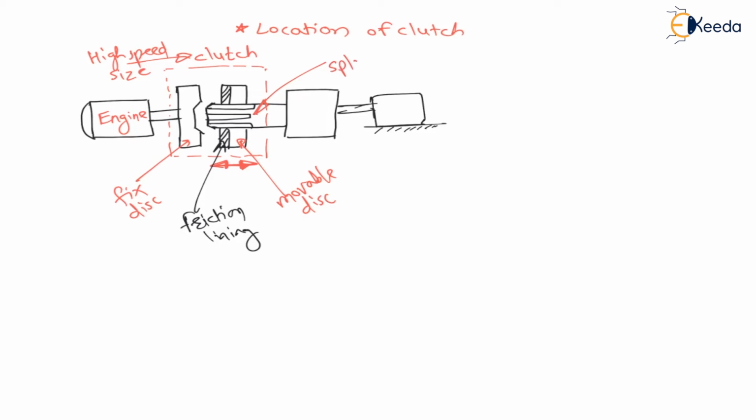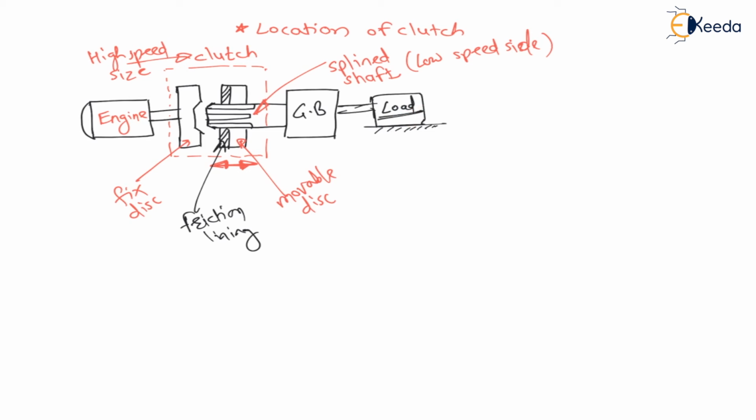Then from the spline shaft the power goes to the gearbox, and from the gearbox the power goes to the load where we need to transfer the power. If it is a vehicle it may have wheels, or if it is not a vehicle then any other load device.